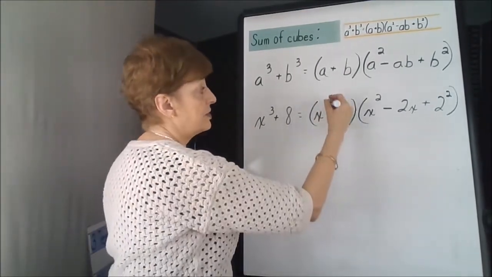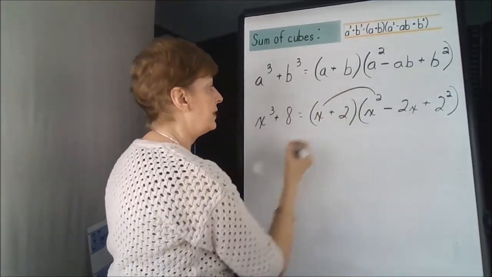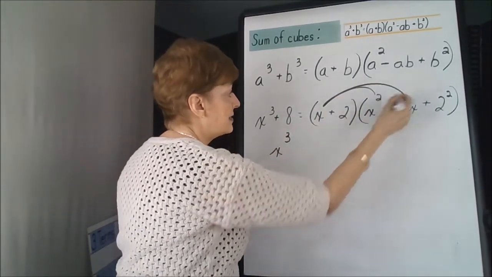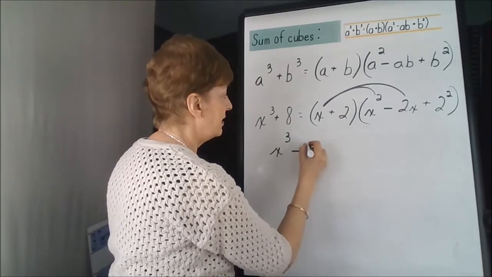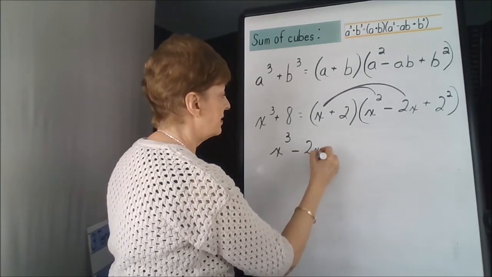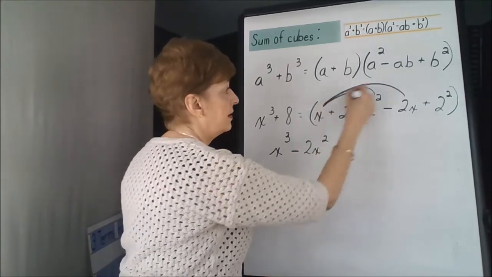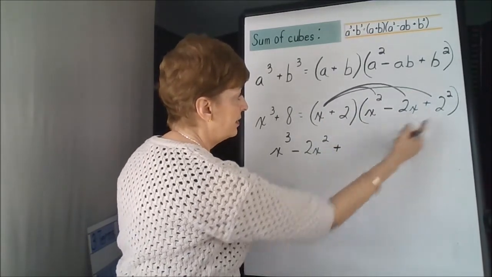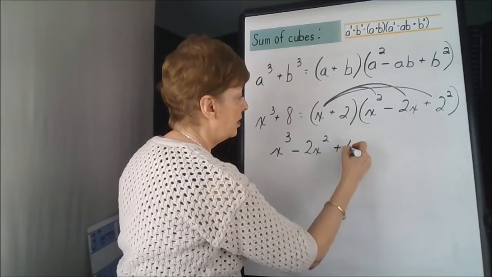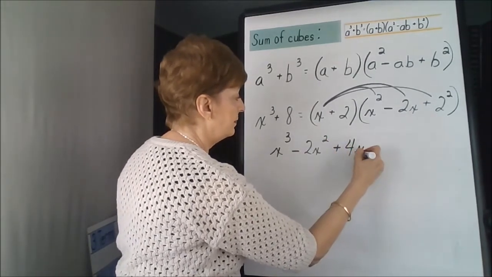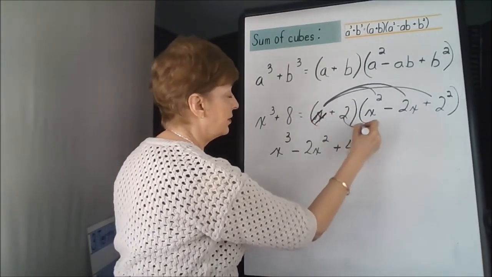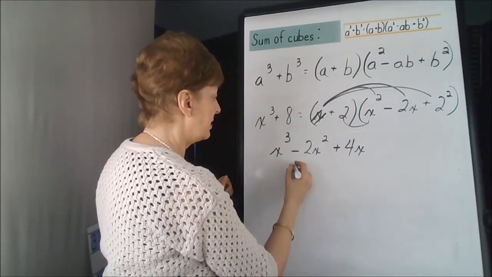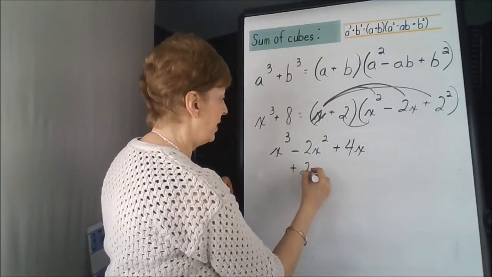when we distribute, we have x cubed. Positive times a negative is a negative 2x squared. A positive times a positive is a positive. 2 times 2 is 4x. Done. Under. 2 times x squared is a positive 2x squared.